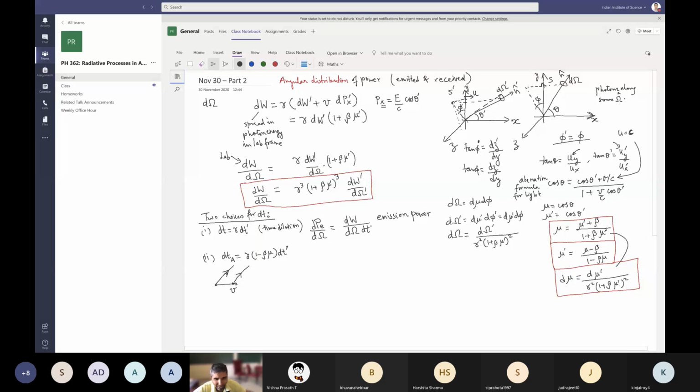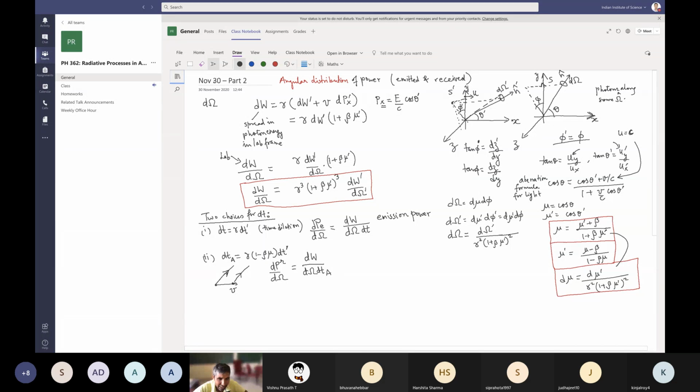So instead of dividing by the time scale of emission in the lab frame, if you divide it by dTA, that would be dW by d omega dTA. We actually call that the radiated power, dP_R by d omega. In both cases we are measuring power in the lab frame.